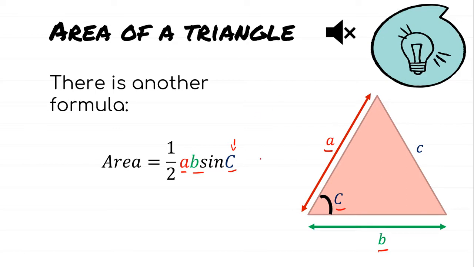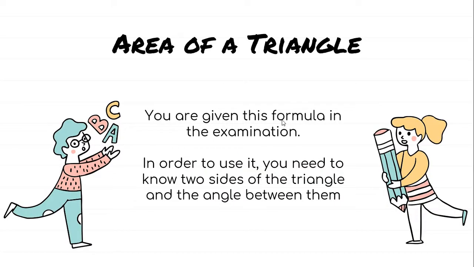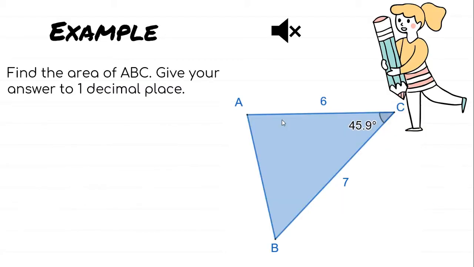This is the formula that you'll be needing to use as part of this unit. You're given the formula in the test. To use it, you must have two sides of the triangle and the angle that's between them. We're just going to crack straight on with an example.